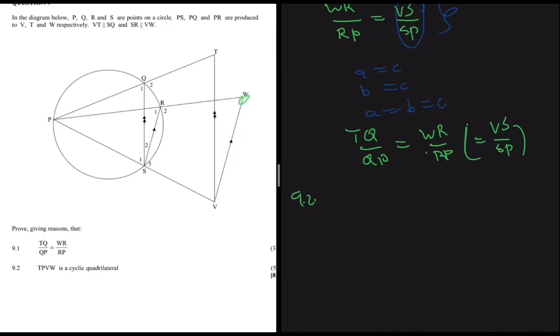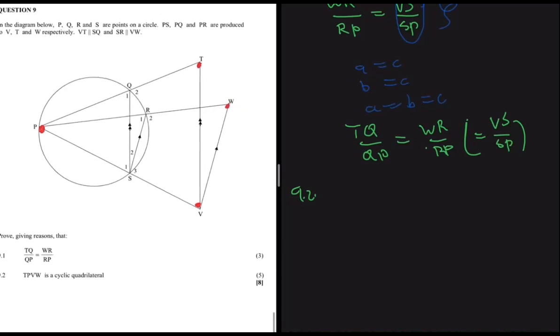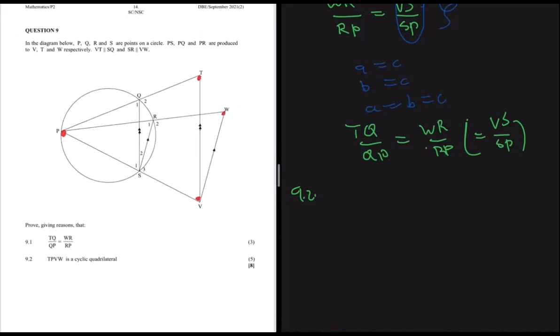So we have T here, we have P here, and then we have V, and W is here. And then it is said that we must prove that it's a cyclic quadrilateral, right? So it's a cyclic quadrilateral if those four corners can lie on the circumference of a circle, right? So we must be able to draw a circle around TPVW, with the 4 points lying on the circle.